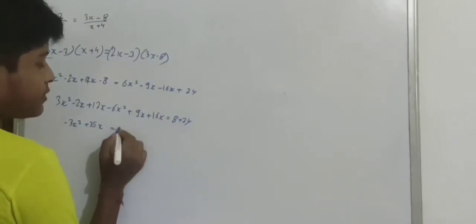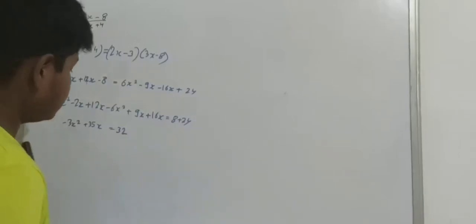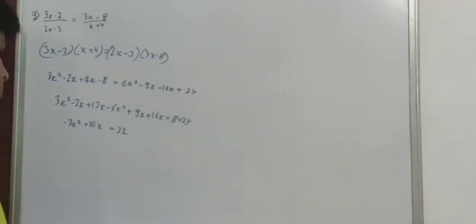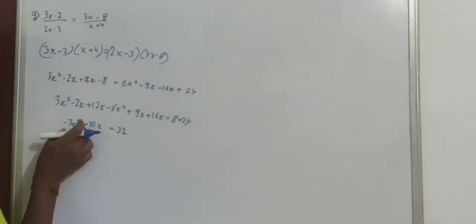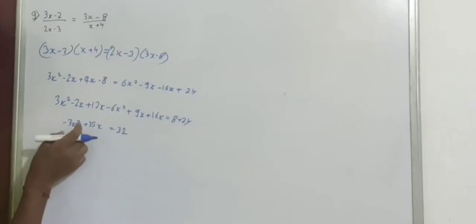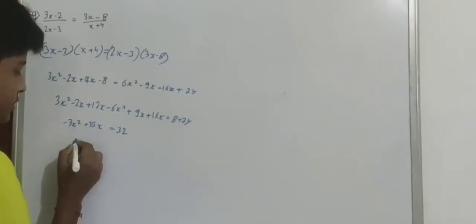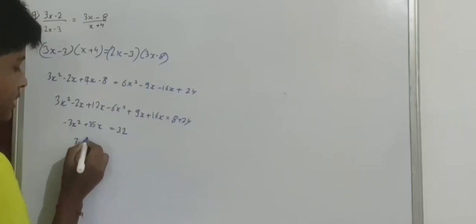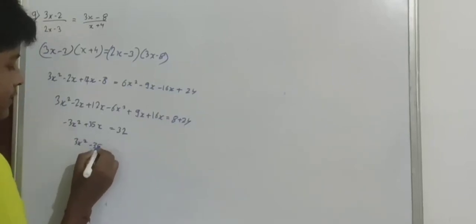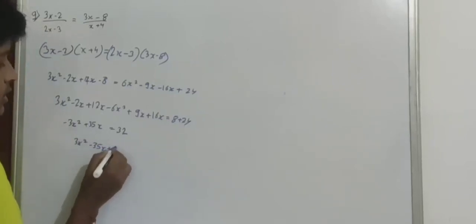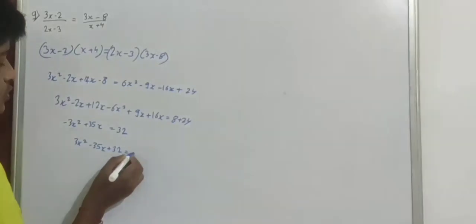And this will be 32. So now send these two terms to this side so that minus 3x square will become positive. So it will be 3x square minus 35x plus 32 is equal to 0.